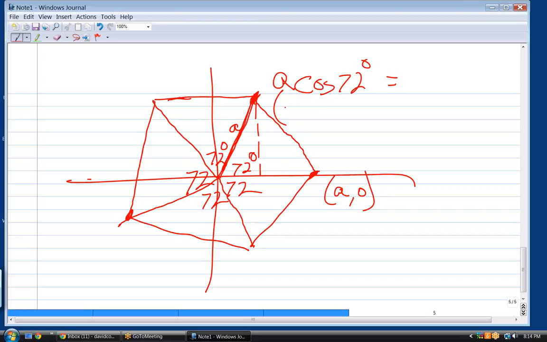What's cosine of 72? 0.309a is the x coordinate of that thing. What's the y coordinate? What's the sine of 72? There are the coordinates of that vertex.